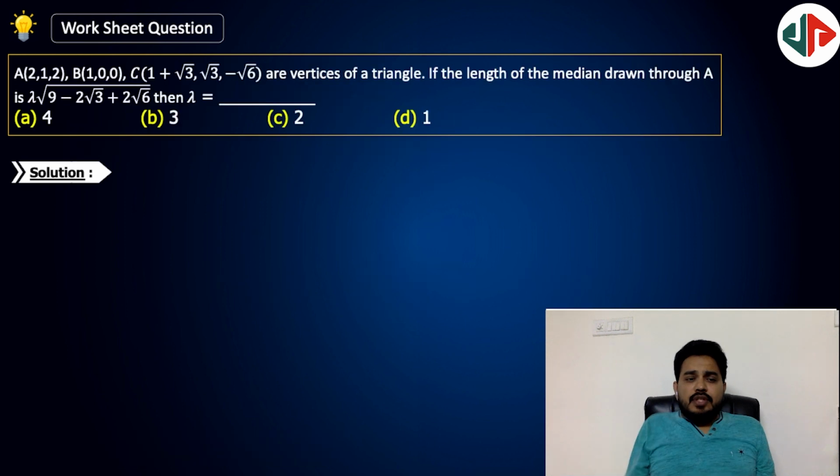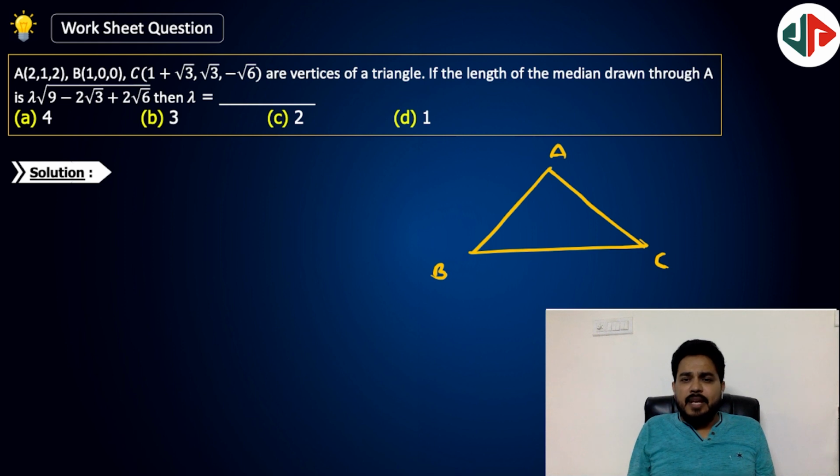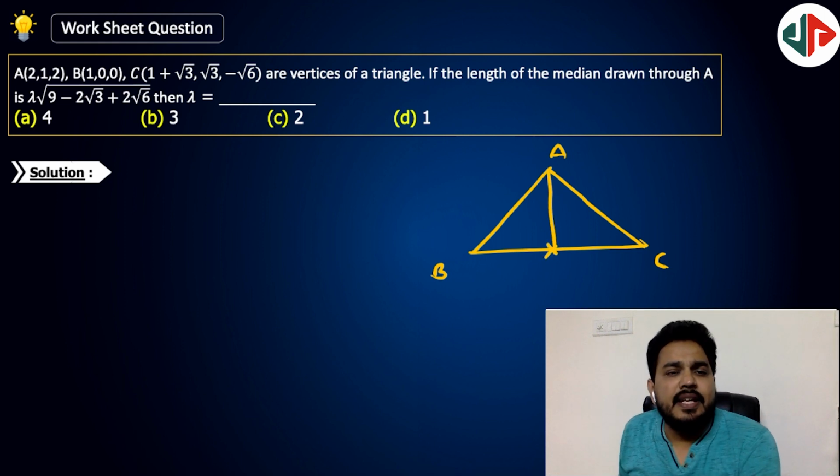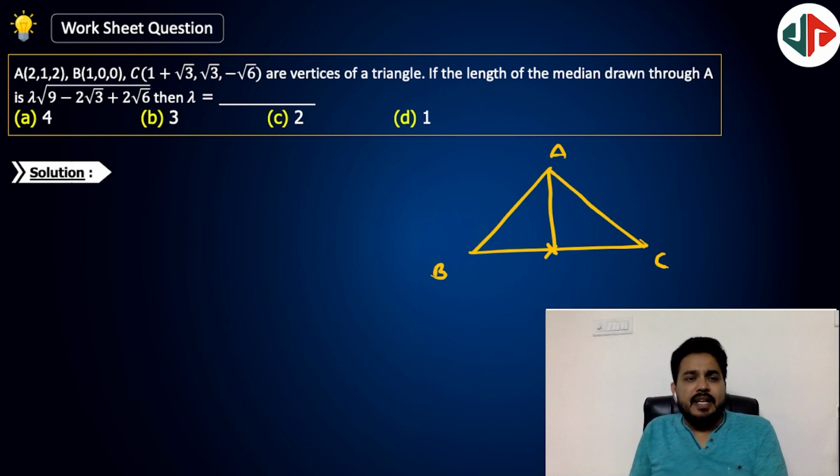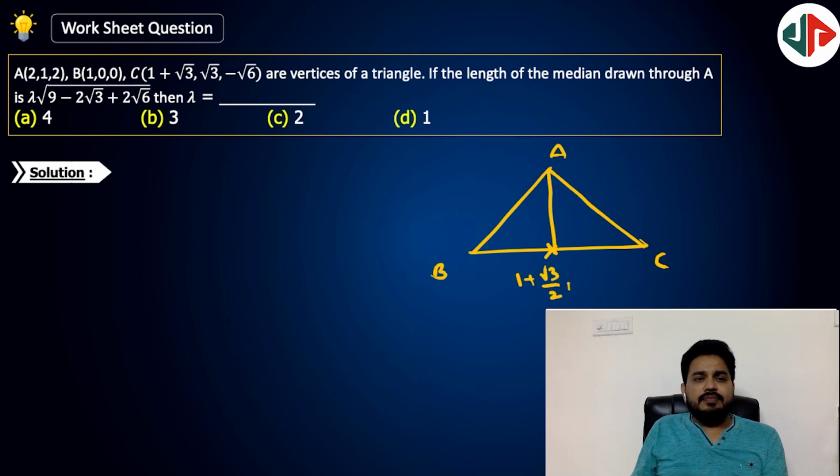So the question is they are asking the length of the median. So here A, here B, here C. Median means passing through A and the midpoint of BC. Midpoint of BC is equal to 1 plus root 3 by 2, comma, root 3 by 2, comma, minus root 6 by 2.